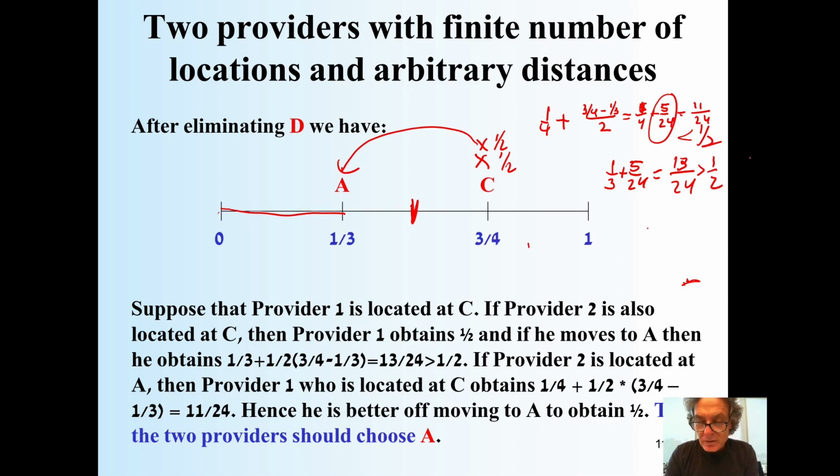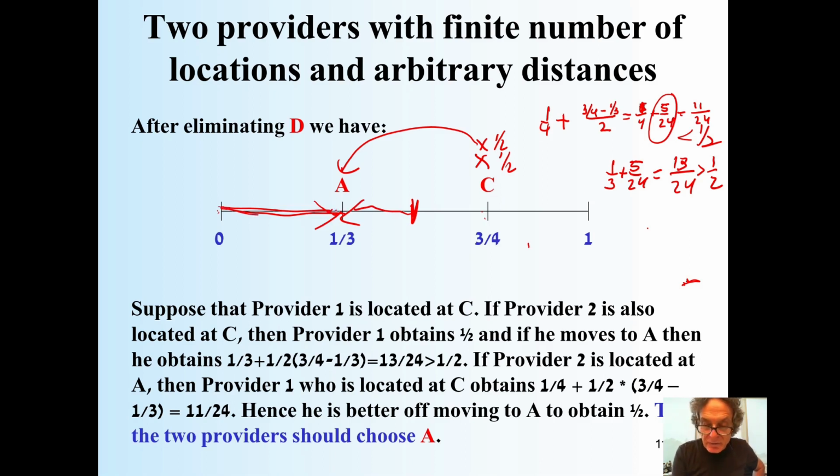I should deviate. So both of us at C is not an equilibrium. Because if I deviate from C to A unilaterally, then what do I get? I get all this to A. All these people will come to me, plus half of these people.